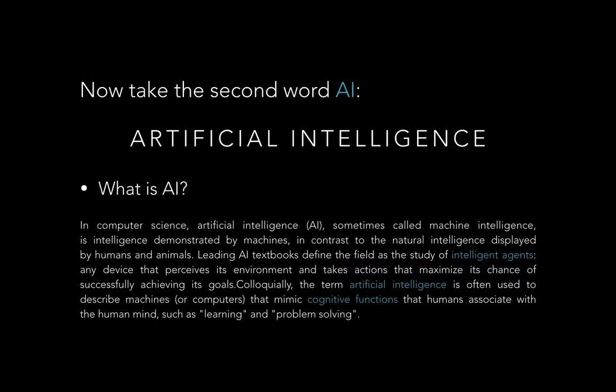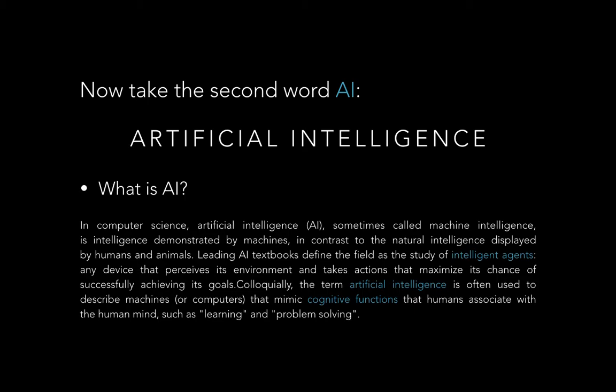Now take the second word, AI, artificial intelligence. This is a very vast field, but we will take as easy an explanation as possible. In computer science, AI, sometimes called machine intelligence, is intelligence demonstrated by machines, in contrast to the natural intelligence displayed by humans and animals.